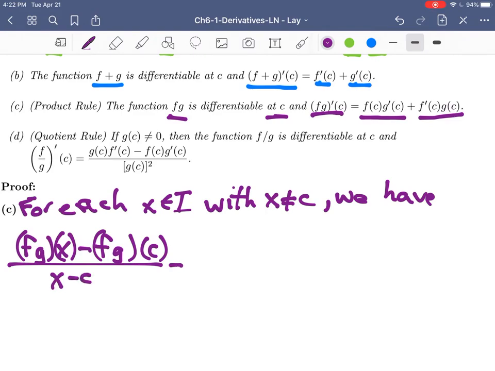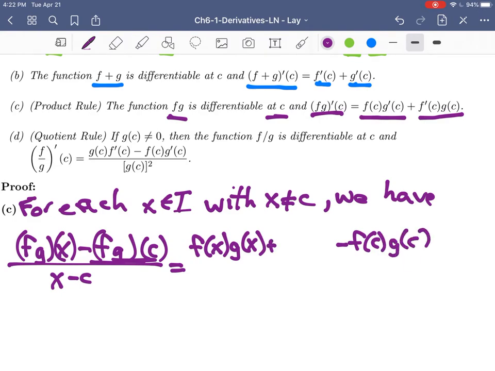This is equal to f of x times g of x minus f of c times g of c. We're going to throw in some stuff in the middle.